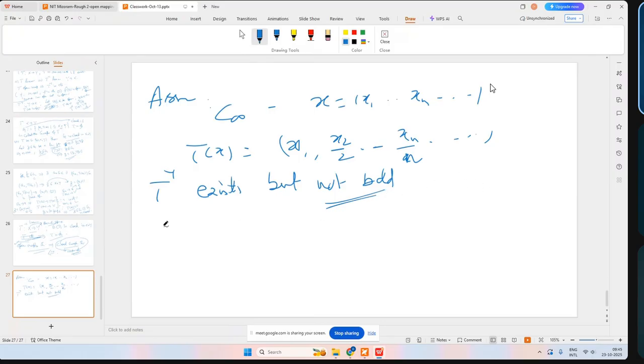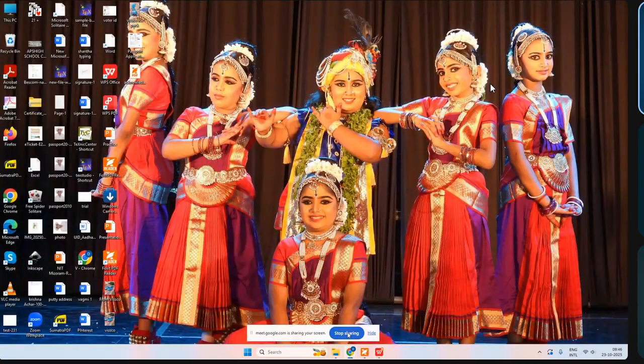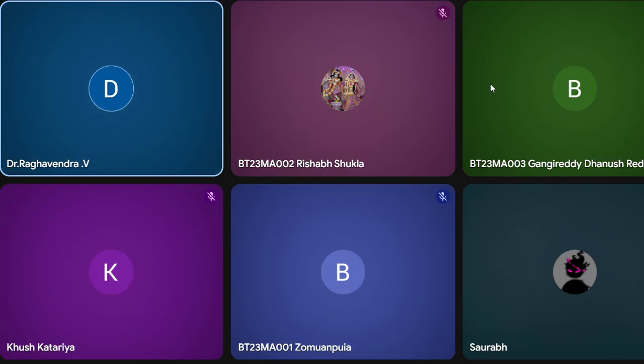T is continuous, it is onto, everything is there, but T inverse is not continuous. This is because C00 is not complete. So this preparatory example I have already given you in the assignment. Open mapping theorem is not true if you delete the Banach nature of the domain space.